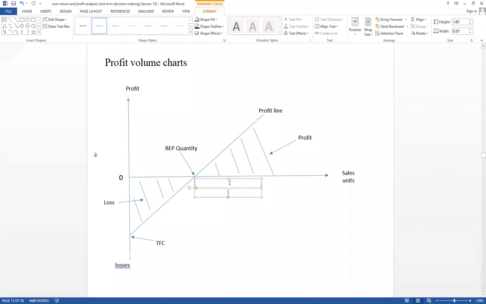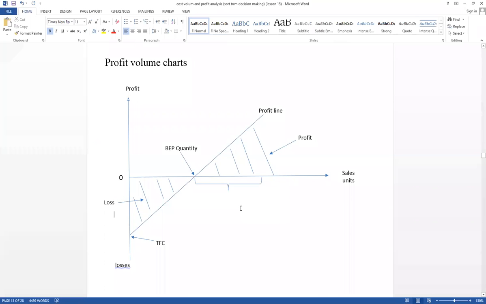Beyond the BP quantity, it is called margin of safety. Margin of safety value cannot be disclosed here. Only margin of safety quantity. Therefore, MOS quantity.